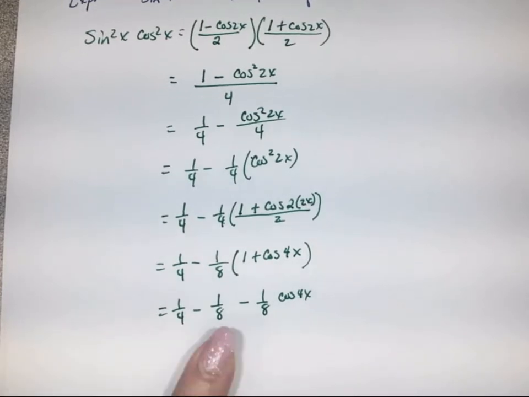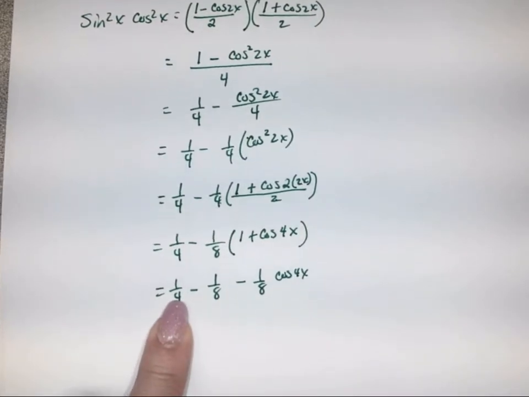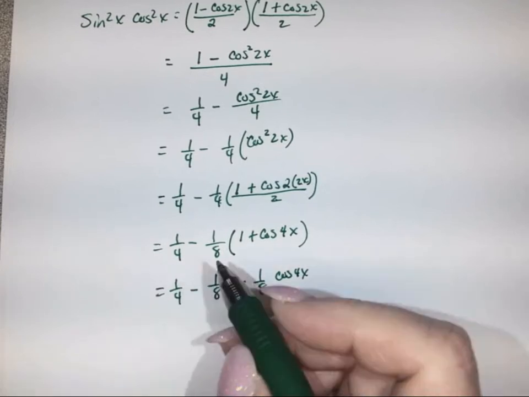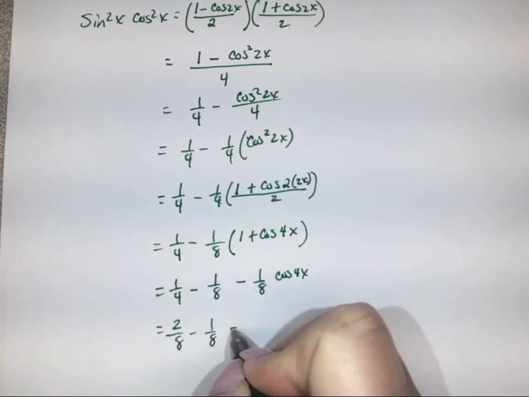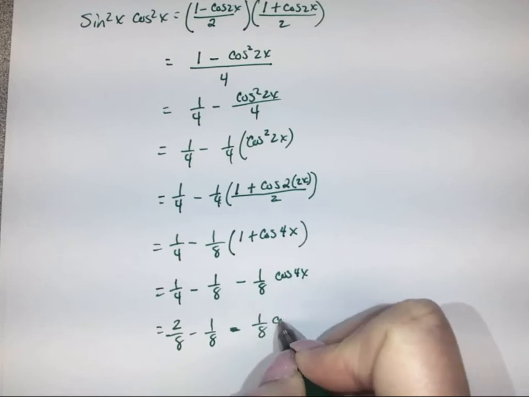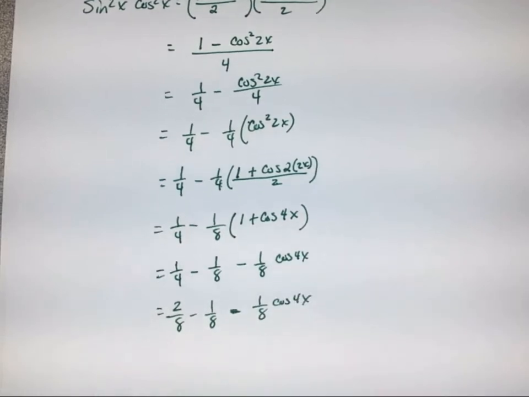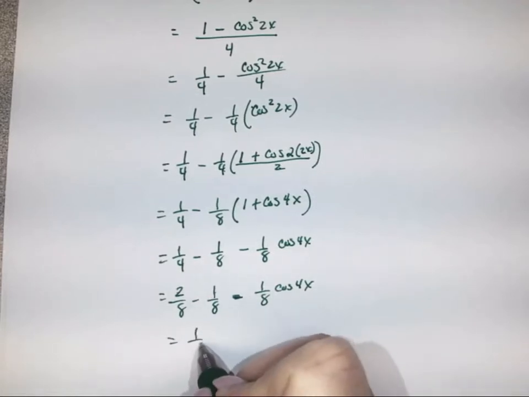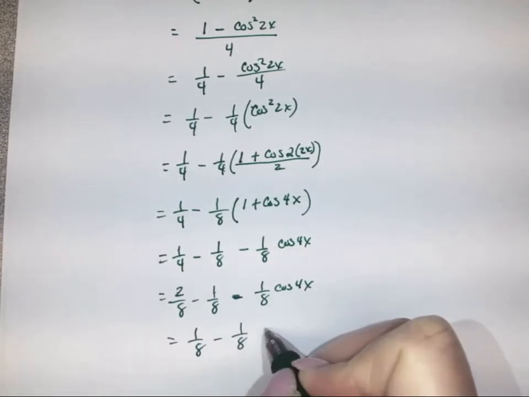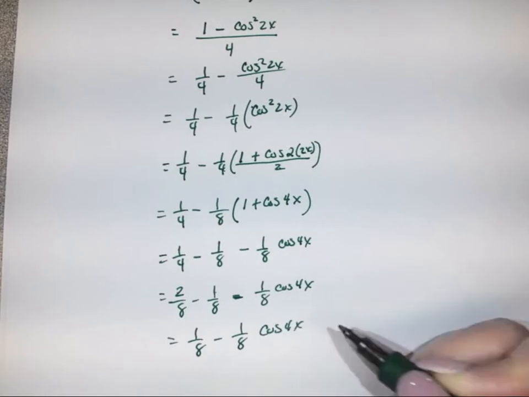So I need to get common denominators here. So this needs to be 2/8 minus 1/8, minus 1/8 times the cosine of 4x. Well, 2 minus 1 will get us 1/8 minus 1/8 the cosine of 4x.